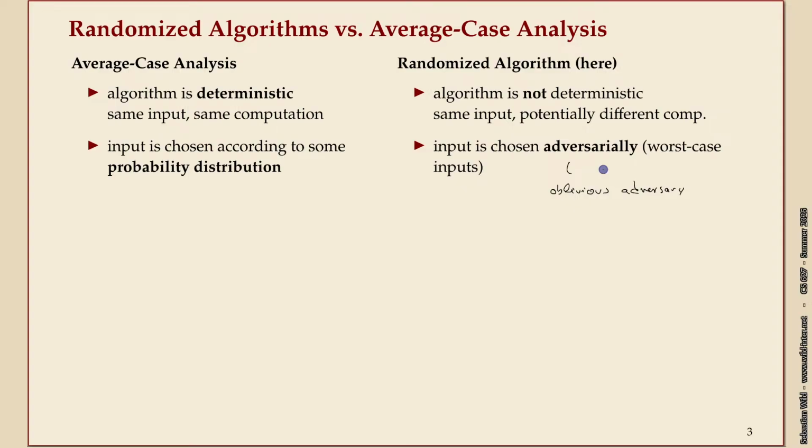But in theory, you could imagine that someone also can look at your random bits. And this is important to point out here. They cannot. At least they can't choose the input based on the random bits.